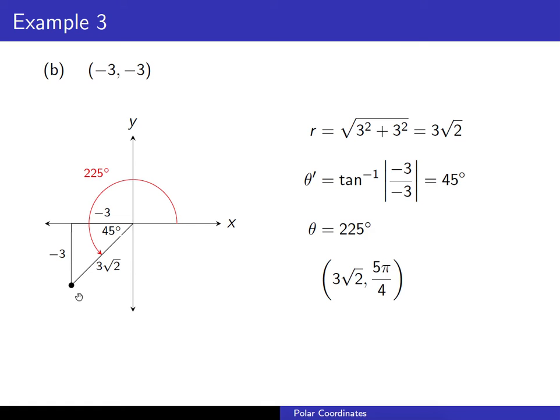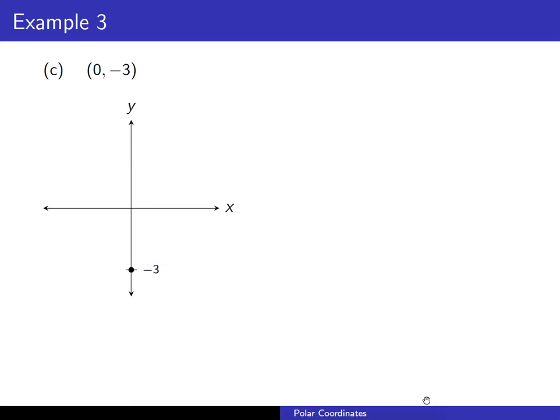So our polar coordinate of this point with a positive value of r and an angle between 0 and 2 pi is 3 square root of 2 and 5 pi over 4. Part C, we have 0, negative 3. Again, because it's on an axis, we can just count how many spaces from the origin this point is. It's 3 units.